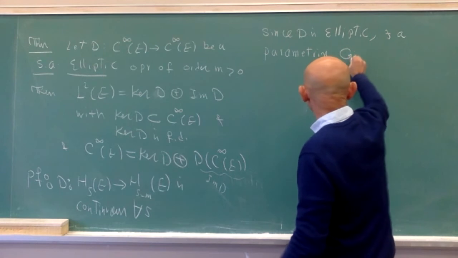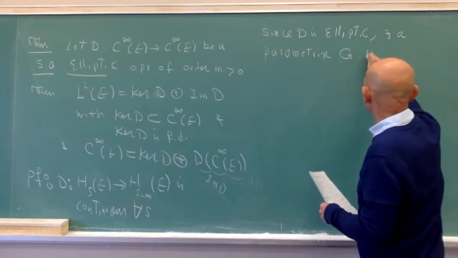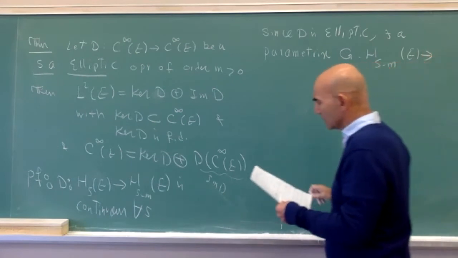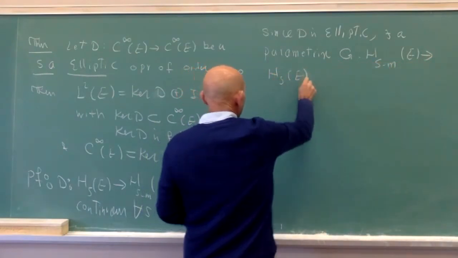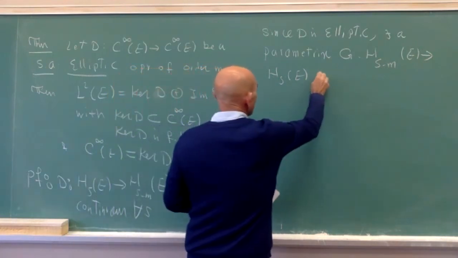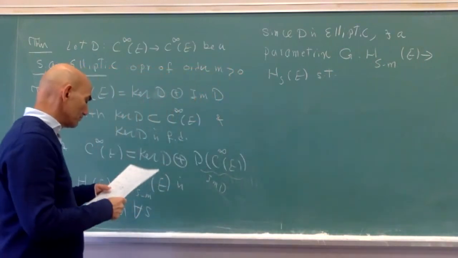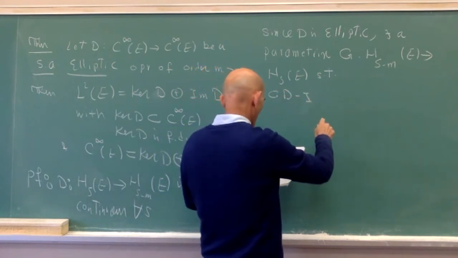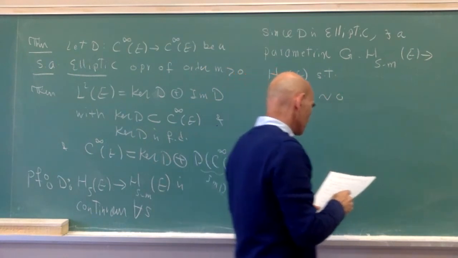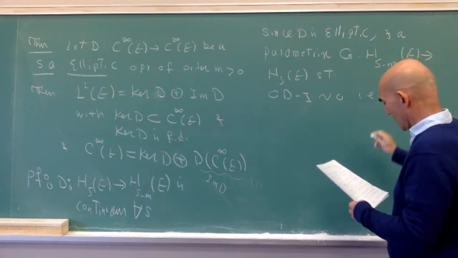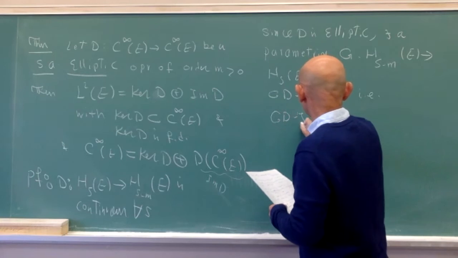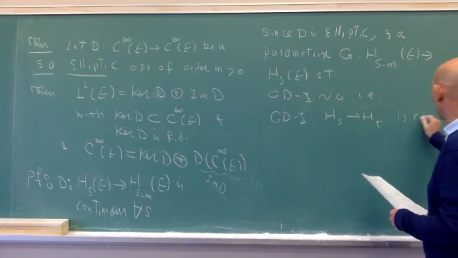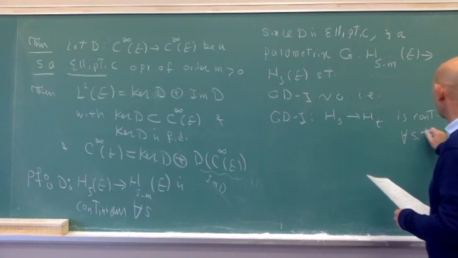Is a parametrix G going from H^(s-m) of E to H^s of E, such that GD minus identity is infinitely smoothing, i.e. GD minus identity from H^s to H^t is continuous for all s and t, in fact.